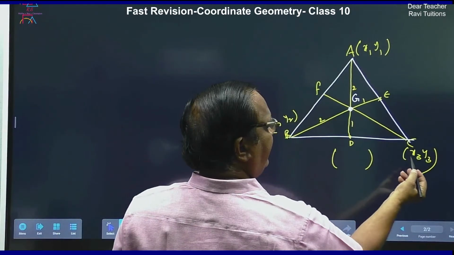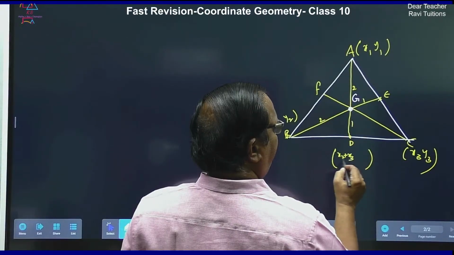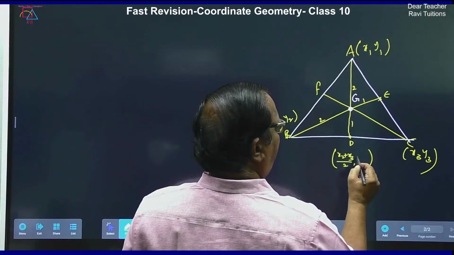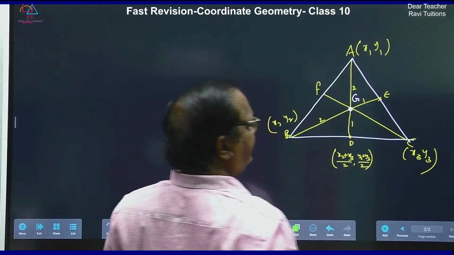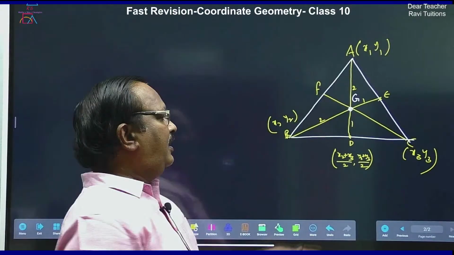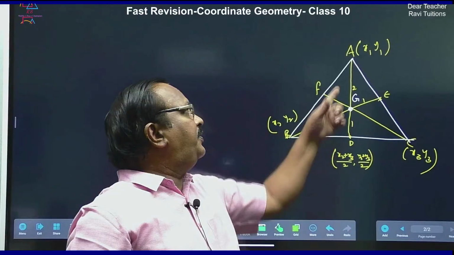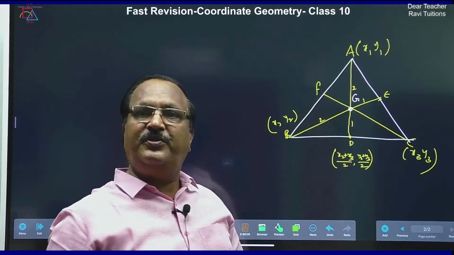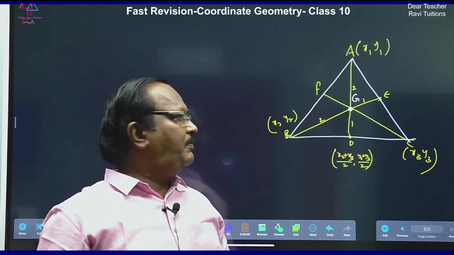So the midpoint of x2 x3 is x2 plus x3 by 2 and y2 plus y3 by 2, and we got the point D. So D we know, A we know, and the ratio we know, 2 is to 1. So use the section formula and you will get G.